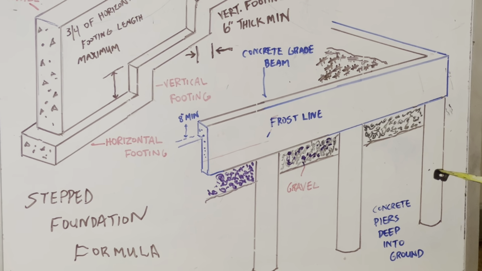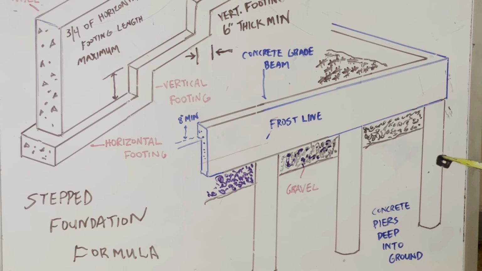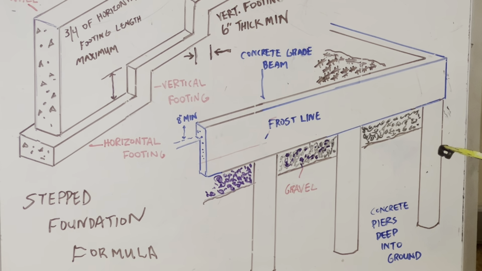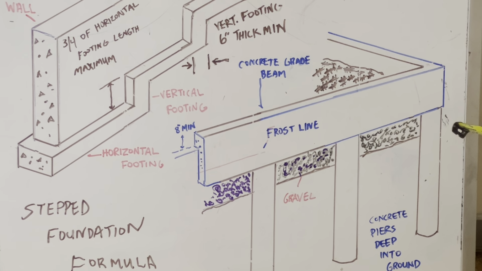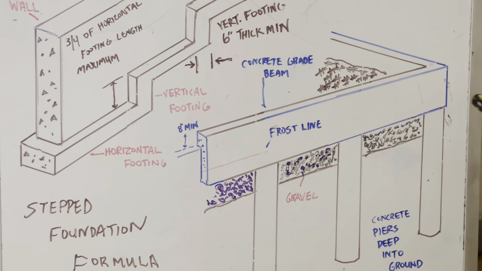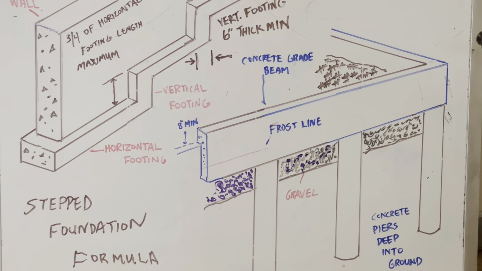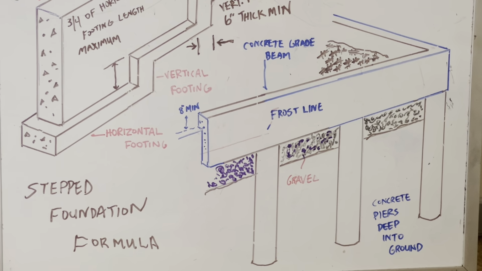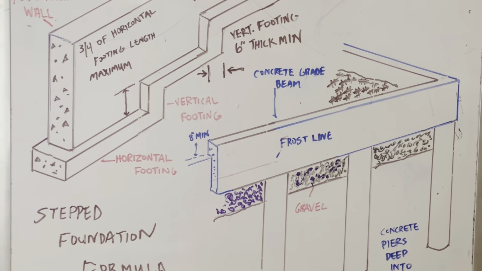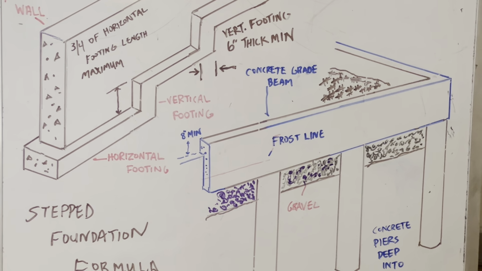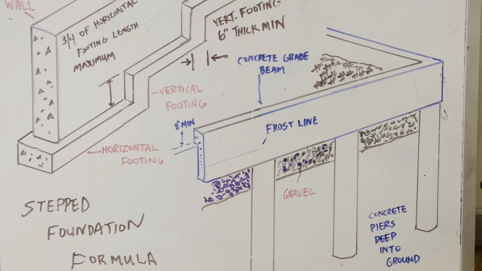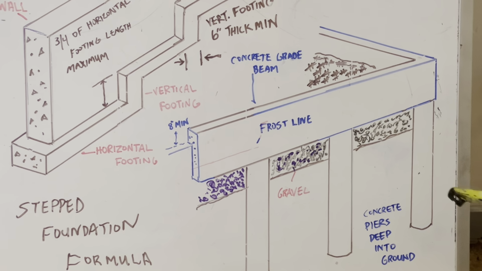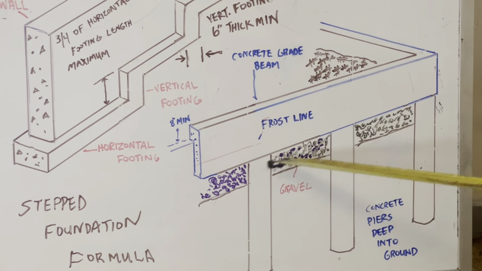Grade beams are also used on level lots where unstable soil conditions exist. So it is what it is. You heard that, right? Even on a level lot where unstable soil conditions are at, you'll use a foundation like this. It's a grade beam foundation. You see our gravel right here, right up under our grade beam.